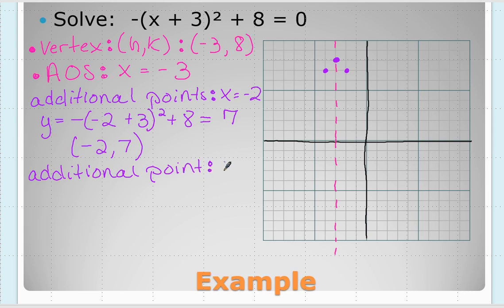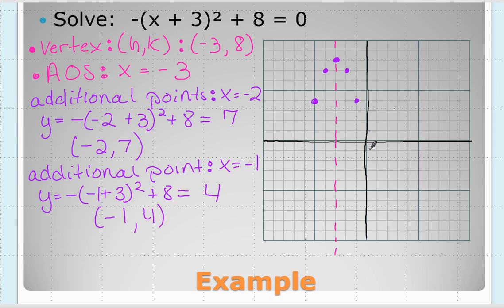I'm going to try x equals -1. So y would equal 4. So this point would be -1, 4. Let's plot this point. So I'm at -1, 1, 2, 3, 4. I'm getting there, but not quite yet.